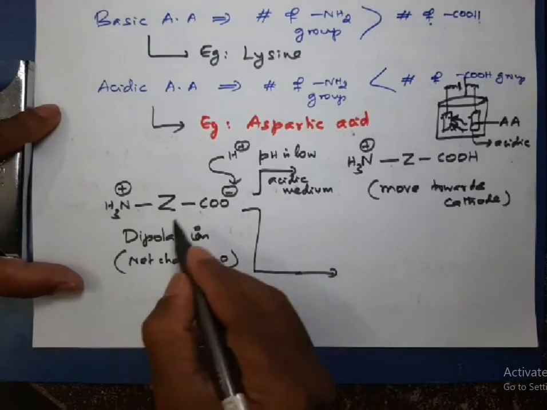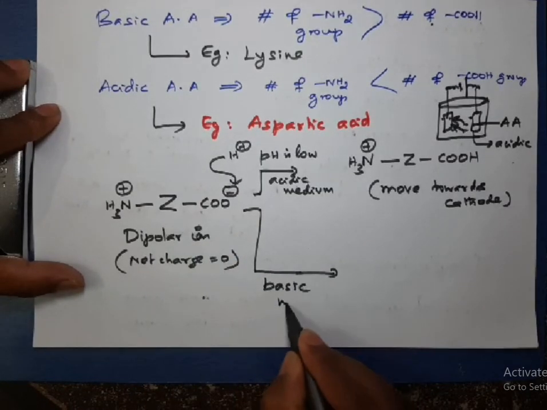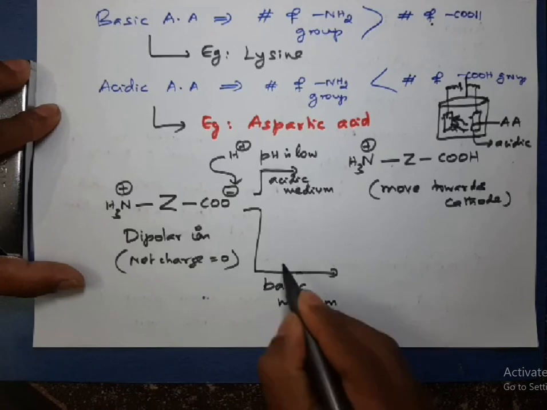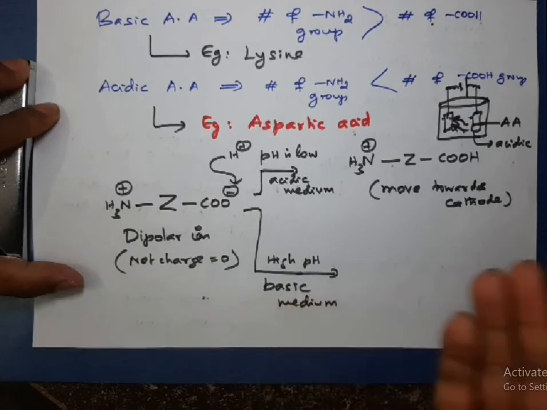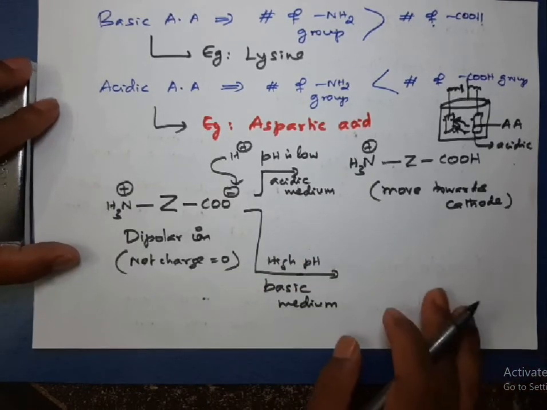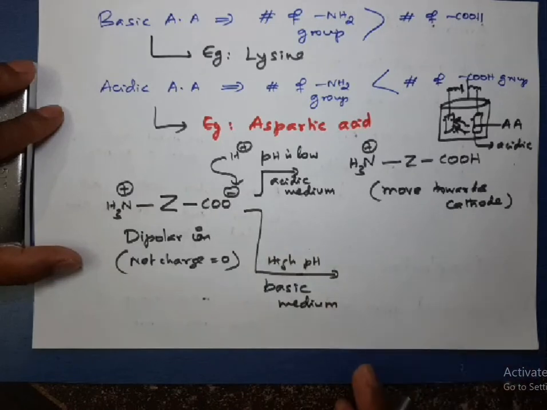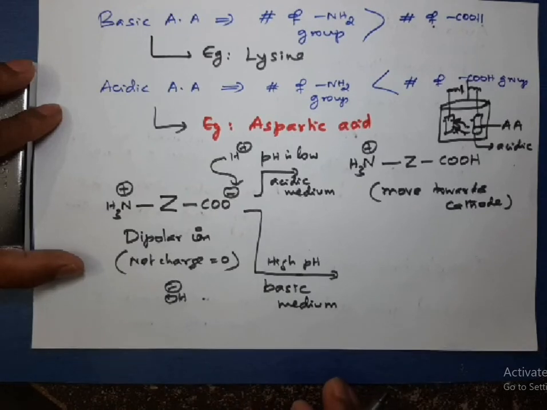Now, suppose I add the amino acid in basic medium, meaning high pH. pH above 7, right? pH 8, 9, 10, like that. If I go to high pH, what will happen? High pH means OH minus ions will be in greater number.